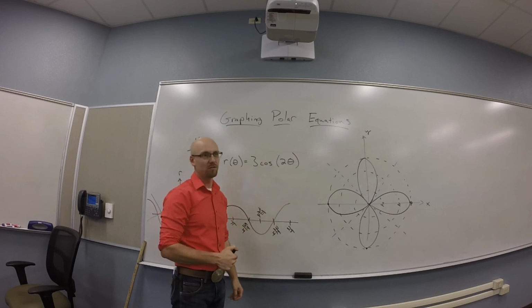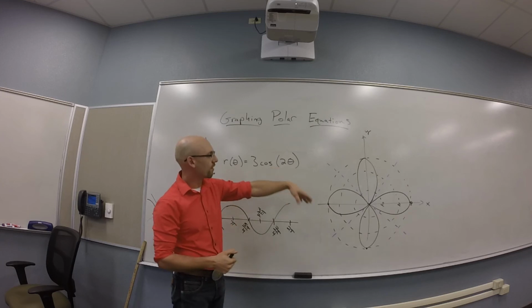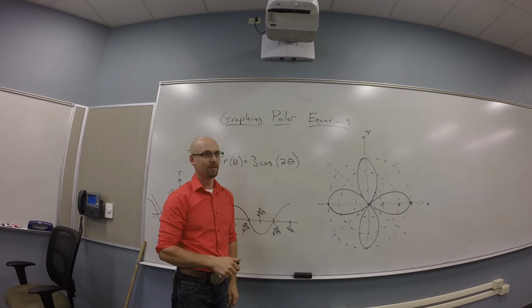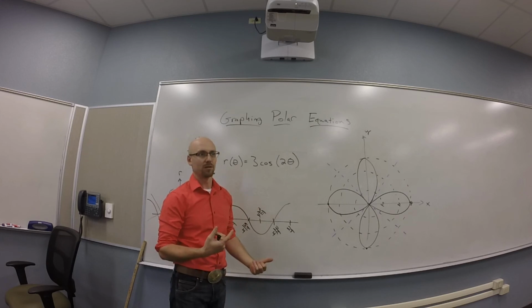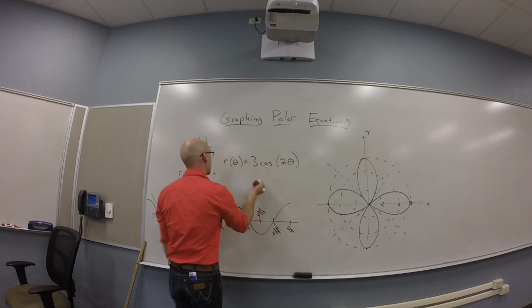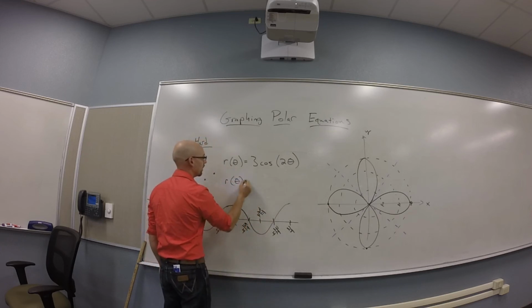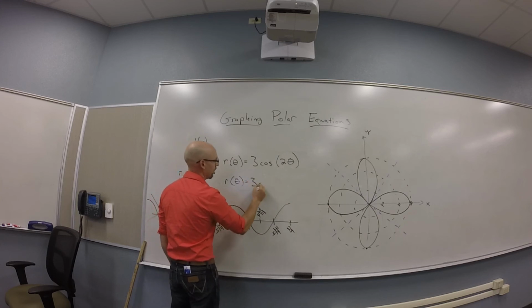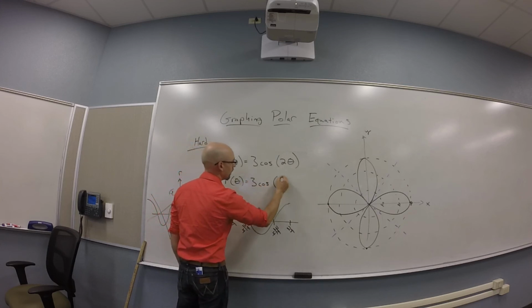So there's some kind of funky circles that can happen here too. But yeah, generally they look like some kind of flower petal. Cool? Questions? Quickly sketch theta over 2. So if I thought of r of theta is 3 cosine of theta over 2.